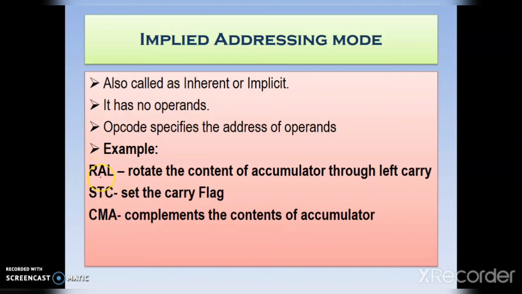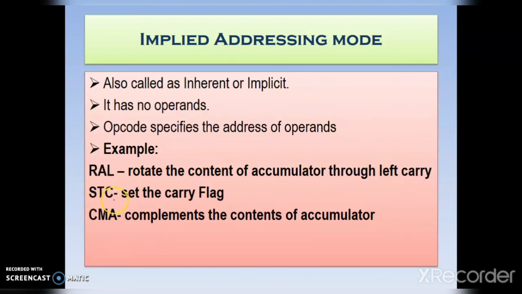So see the first example. In arithmetic and logical operations, if I take the addition operation, the result has a sum and a carry. So RAL rotates the contents of the accumulator left through the carry. This is the meaning of RAL.